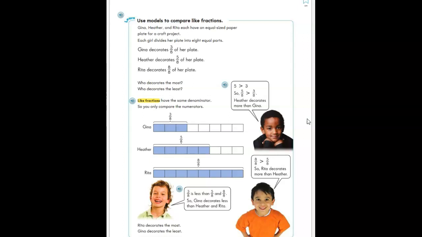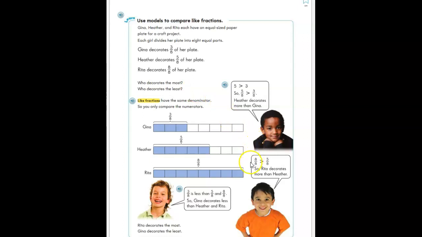We already know that anytime we see a fraction that has the same number on the top and bottom, or as the numerator and denominator, that's the whole thing. So we know that Rita decorated her whole plate, so she's the one who decorated the most. And since Gina only decorated 3 pieces out of a total of 8, Gina decorated the least.